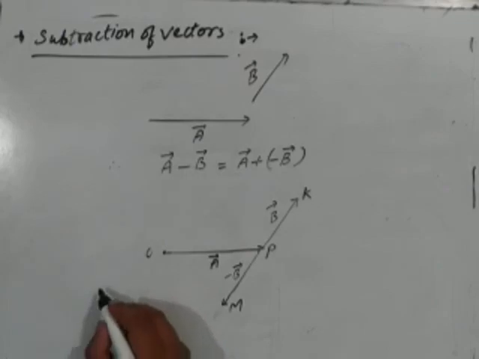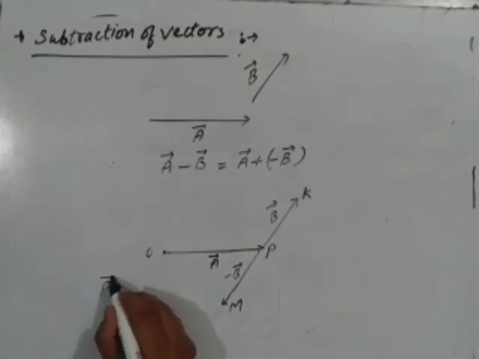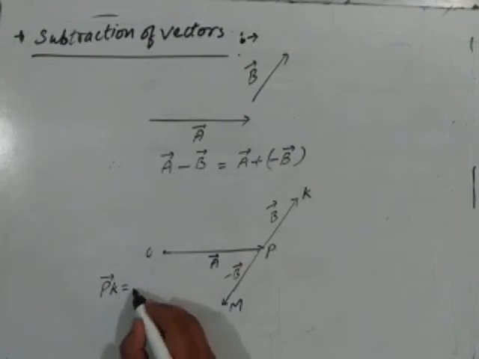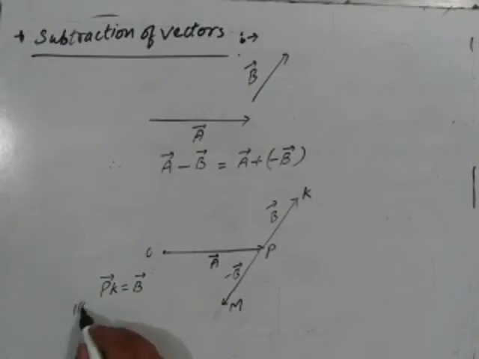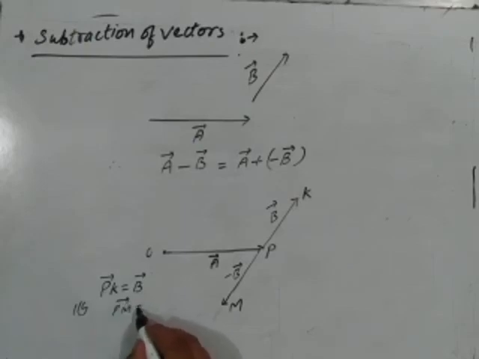Now PK vector equal to B vector. Similarly, PM vector equal to minus of B vector. This is the negative of B vector.